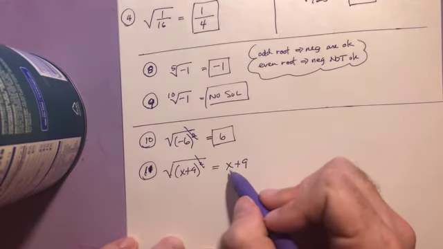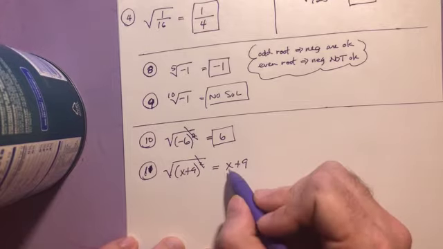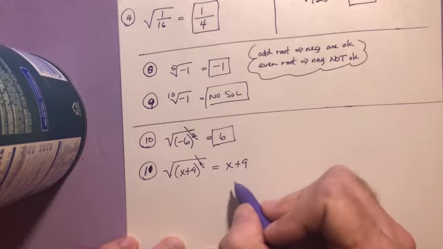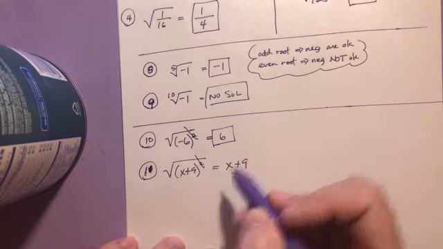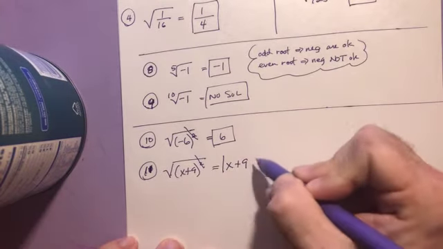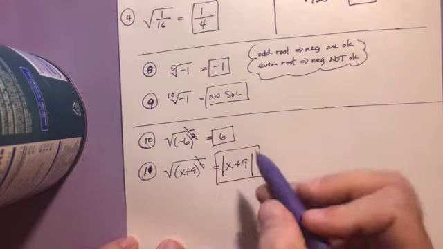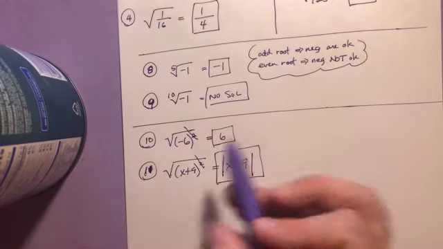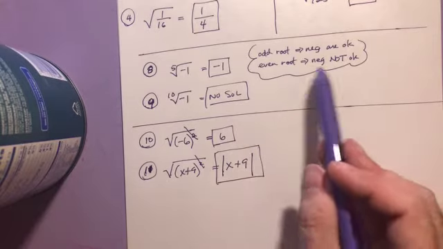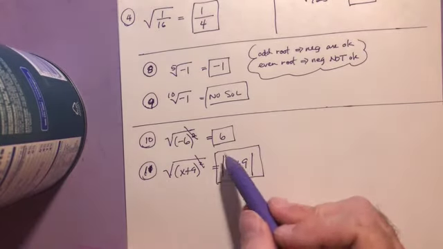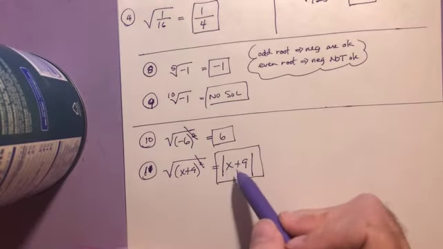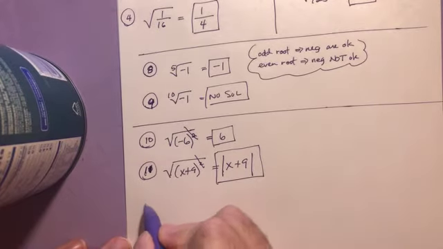What if it was -10? You don't know, but what if it was? Then your answer would be -1, and that's not okay. We can't have a negative number. So what I'm going to do is I'm going to put absolute value around it. With even roots that can't be negative, negatives are not okay, we have to put absolute values around anything with letters in them. That's the rule for that.